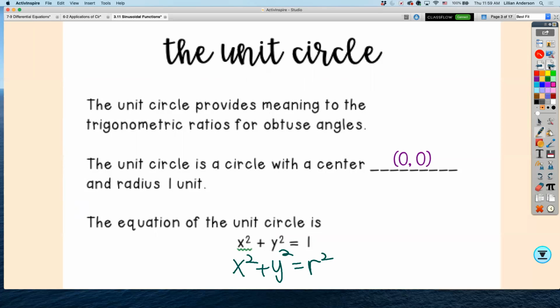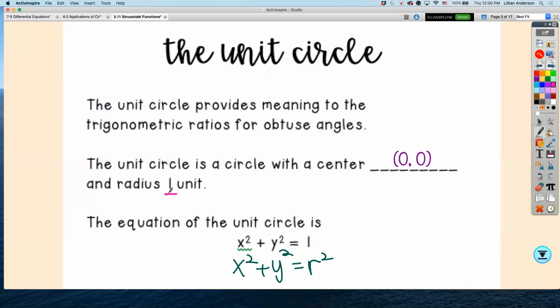The unit circle is a circle that has a center of 0, 0 and a radius of 1 unit. The equation of the unit circle is x squared plus y squared is equal to 1.